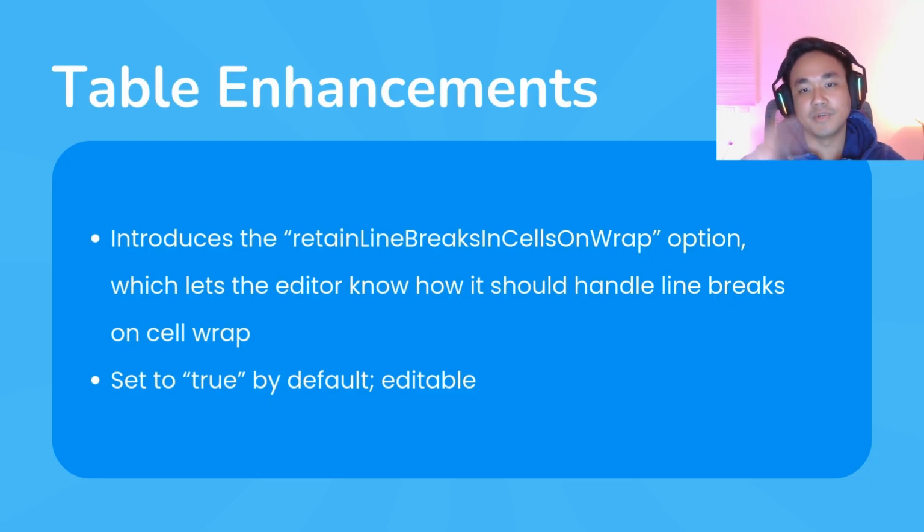Normally, when the content wraps, the line breaks get removed, reducing your supposedly many remarks into one long wrapped line. With the new table option in version 5, your multi-line remarks for each row remain even after wrapping. In short, line breaks that users create in tables for readability can be preserved. This option is set to true by default, but you can set it to false should you prefer to always remove line breaks on content wrap.